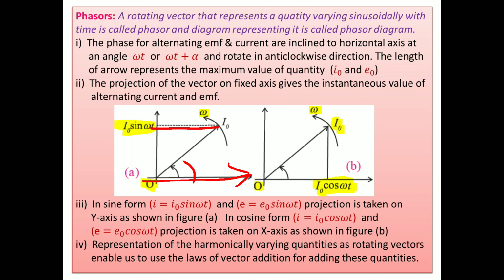In sine form, I equal to I naught sin omega t and E equal to E naught sin omega t. Projection is taken on the y-axis. In cosine form, I equal to I naught cos omega t and E equal to E naught cos omega t. Projection is taken on the x-axis as shown in the figure.